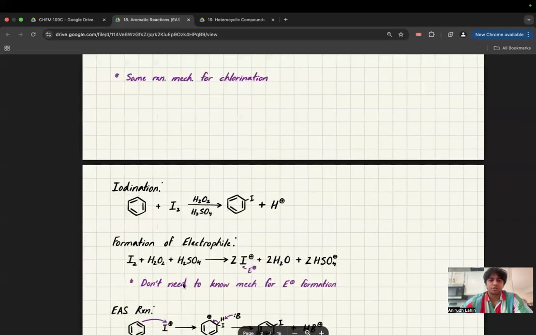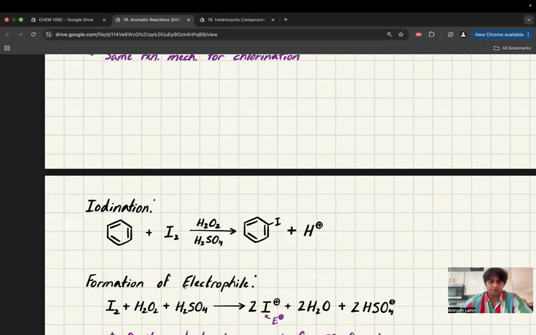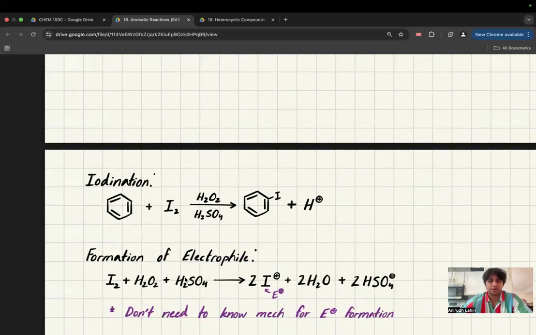All right, iodination. Iodination is a little bit different. It requires a lot harsher conditions, and you're not really on the hook for the mechanism for the electrophile formation. This is approximately what's going on, though. The reason why it requires such harsh conditions relative to Br and Cl is that iodine is really, really big, right?